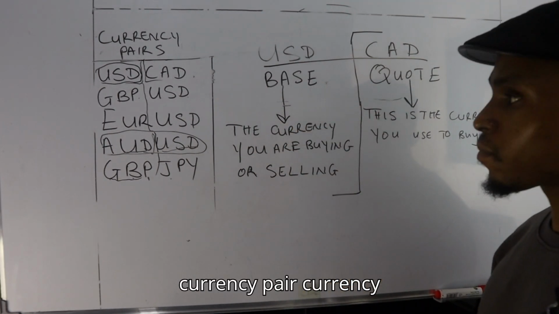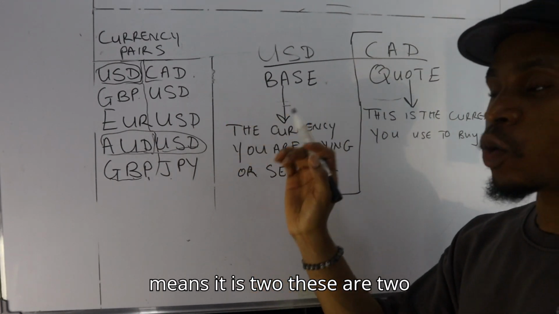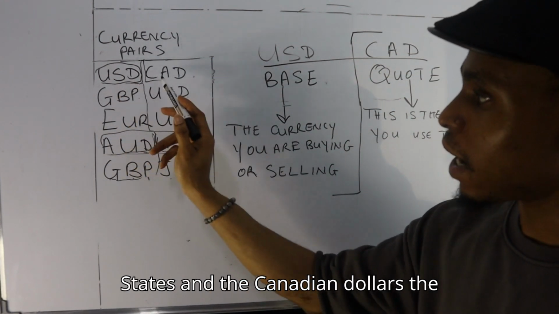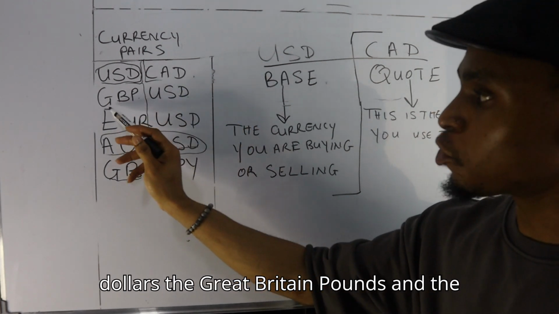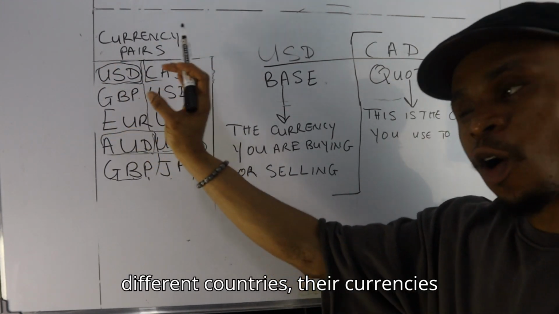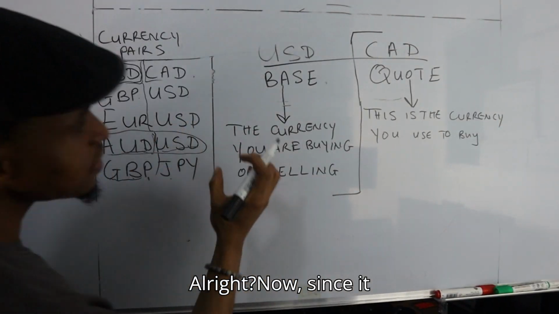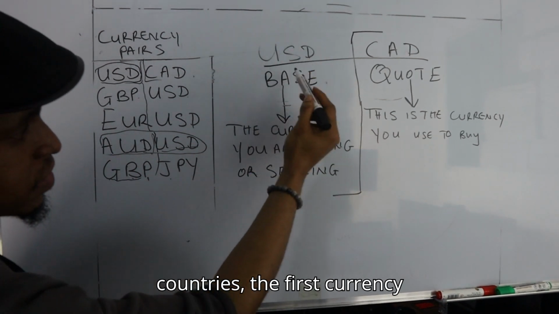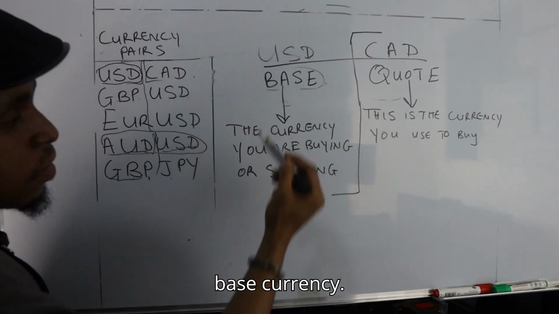Currency pair. It is a pair, which means it is two. These are two distinct countries: the United States dollars and the Canadian dollars, the Great Britain pounds and the USD. So these are two different countries, their currencies. All right. Now, since it is two distinct countries, the first currency in the currency pair is called the base currency.